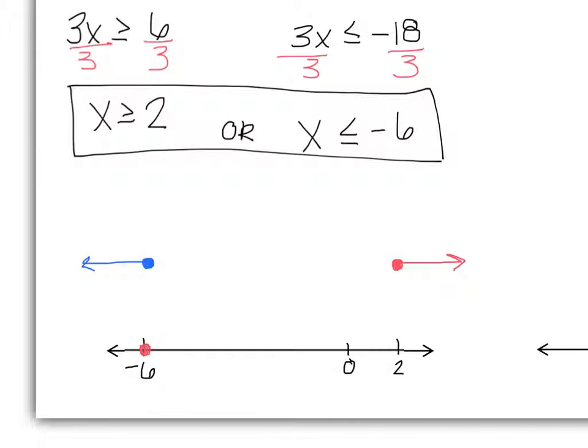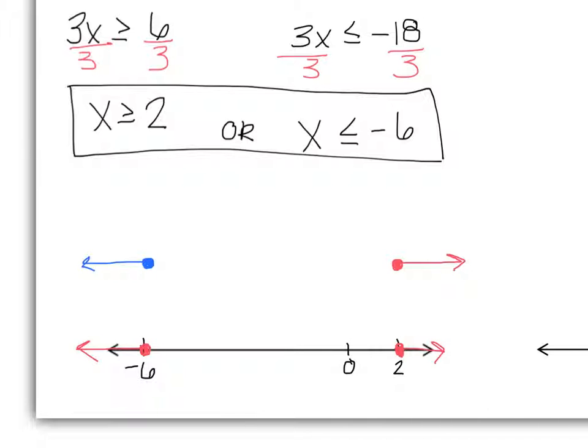So we'll have everything less than negative 6 and everything bigger than 2. Make sure you have your arrows so we know it goes on forever. Some people did the whole graph above to see, but they never actually put it on the line, which meant a couple points off. So make sure you put your graph on the line.